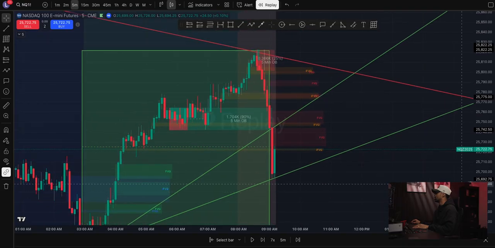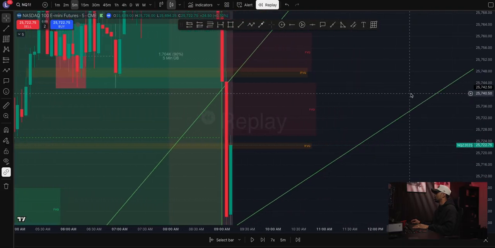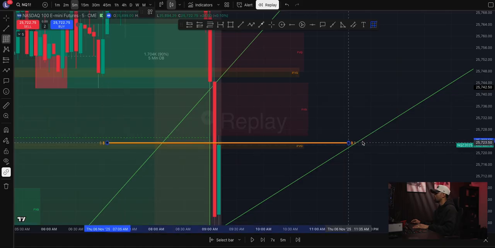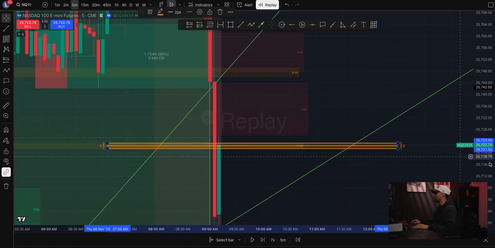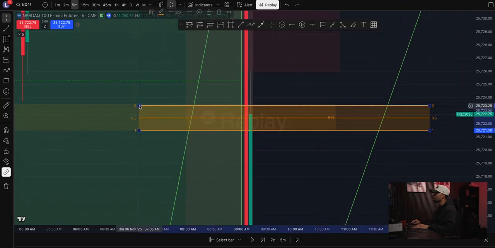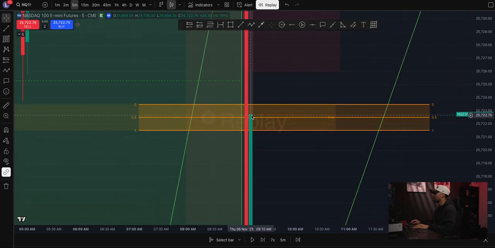What we're looking at here is we're going to use our gain tool. If we drew this gain box around this, guess where this candle closed? It closed above the 50% line, which is not something I love to see. This could still happen, that the market still falls back down, but this is not a part of the rules, so I'm not going to take that play.